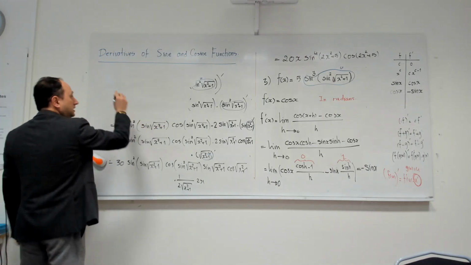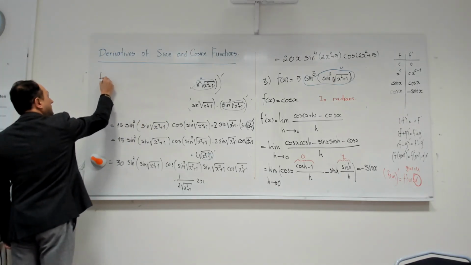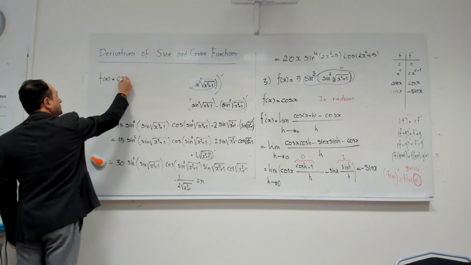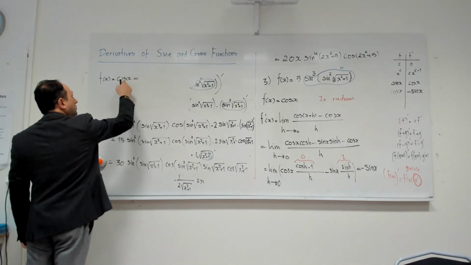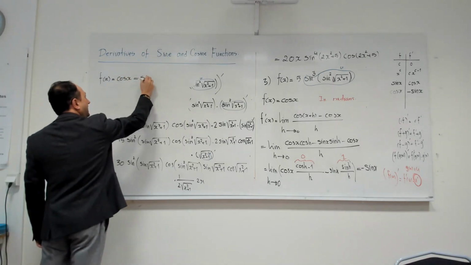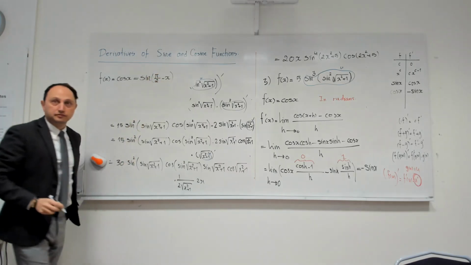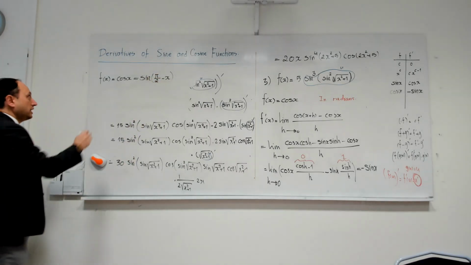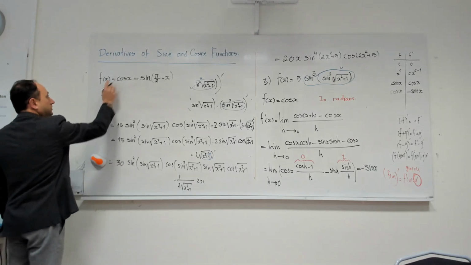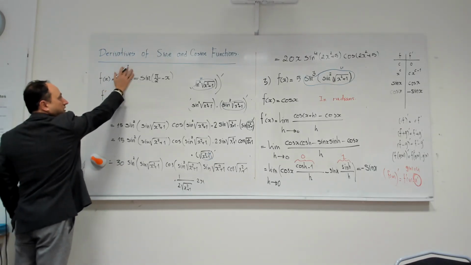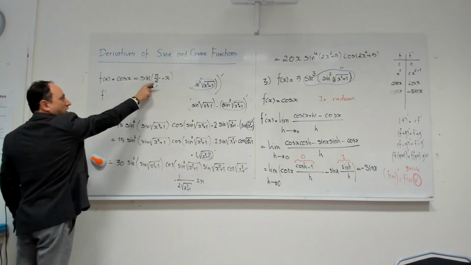But here, if I want to calculate f of x, the derivative of cosine x, I know cosine x is nothing except sine of its complement, sine of pi over 2 minus x. So if I ask you what is the derivative of this function, this is a very simple exercise for you by now.